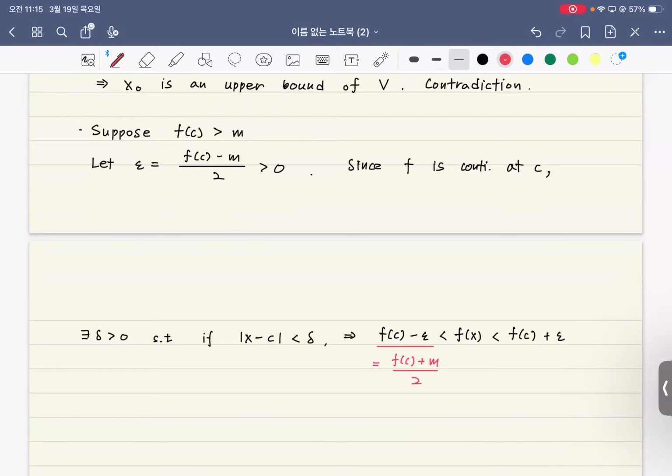So again, this is the midpoint between m and f of c, and so this is greater than m, right? So in other words, if x is in the delta neighborhood of c, then the function values on this interval are all greater than m, right?